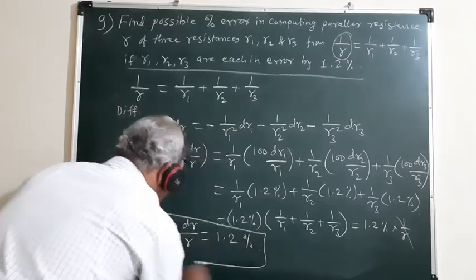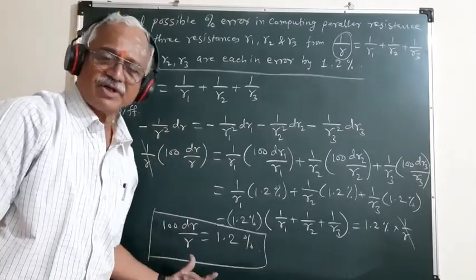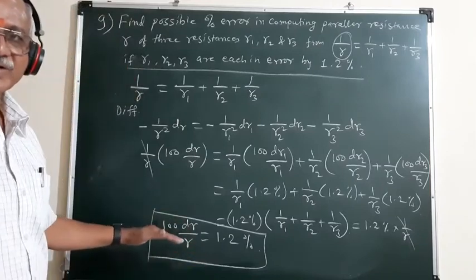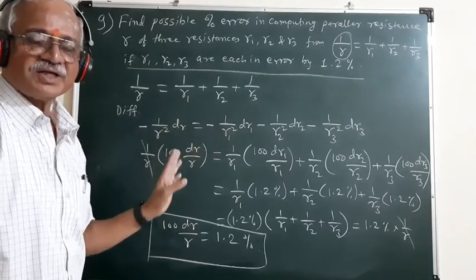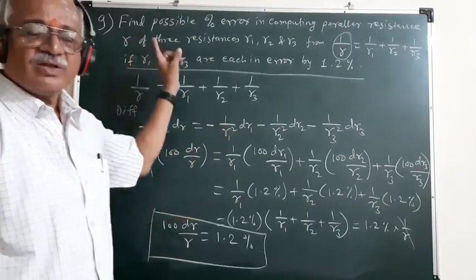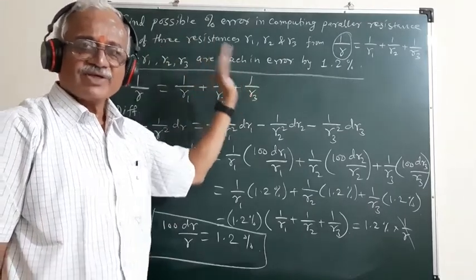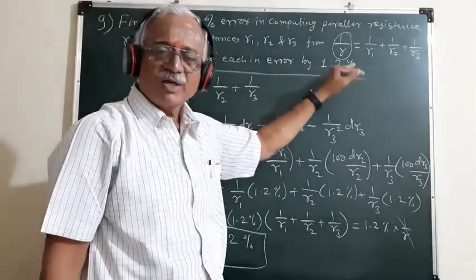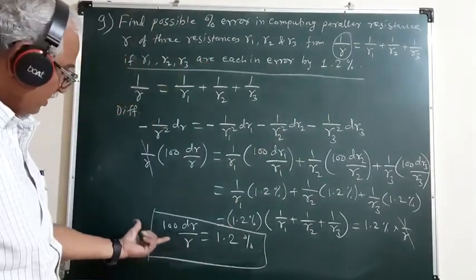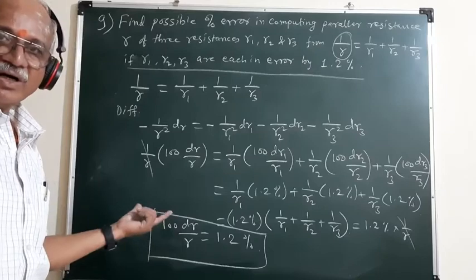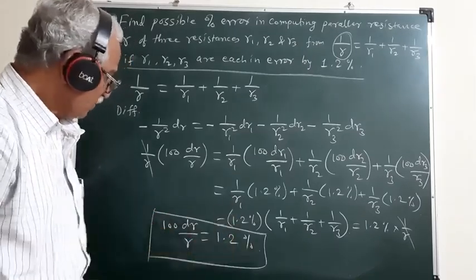And this is nothing but the percentage error introduced in the determination of the equivalent resistance of the parallel combination of three resistors R1, R2 and R3, such that all the three resistors are having percentage errors of 1.2% each. So the equivalent resistance also will have the percentage error of 1.2%.